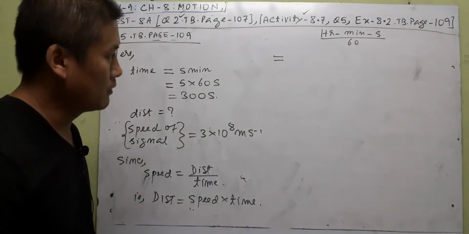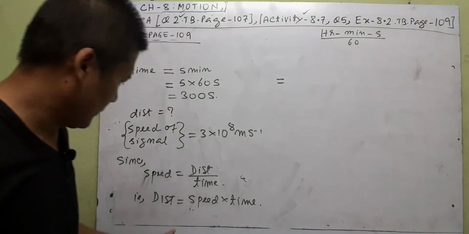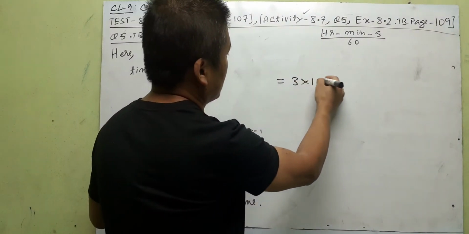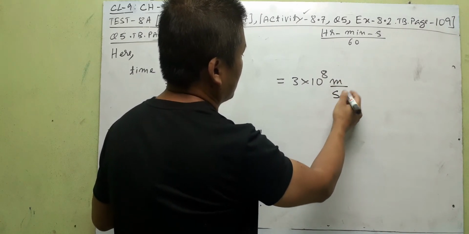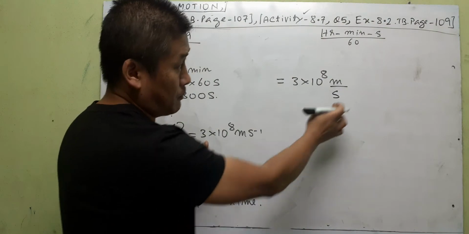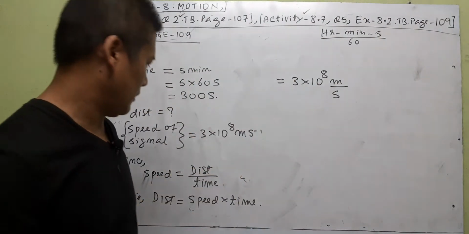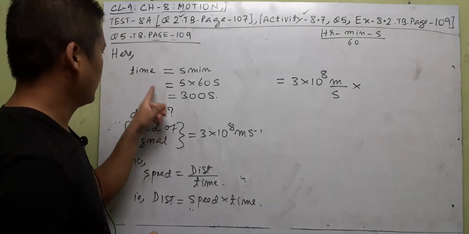Now here, distance will be equal to speed, which is 3 into 10 to the power 8 meter per second, meaning meter divided by second. Second to the power minus 1 brought down becomes plus 1, into time, which here is 300 seconds.